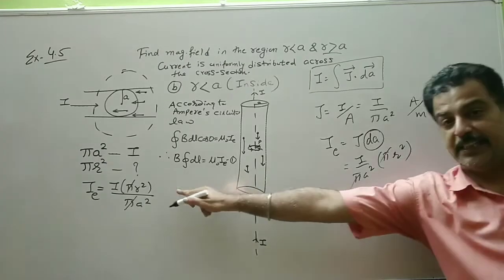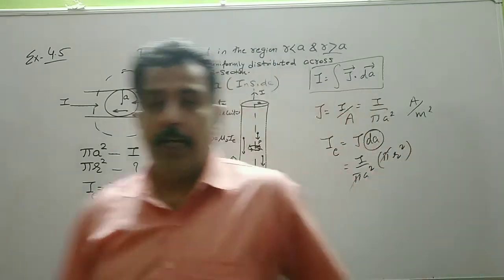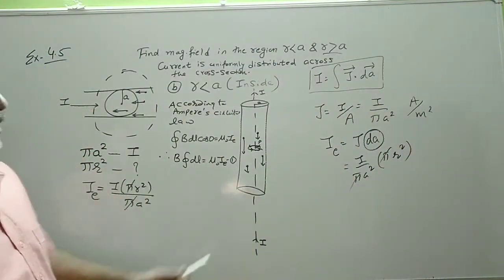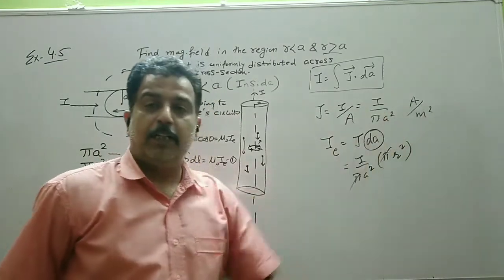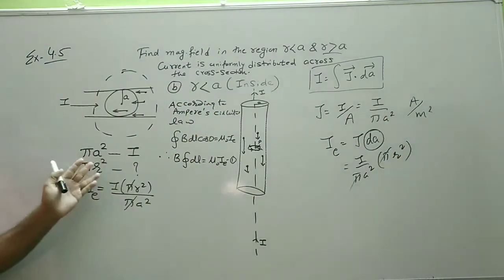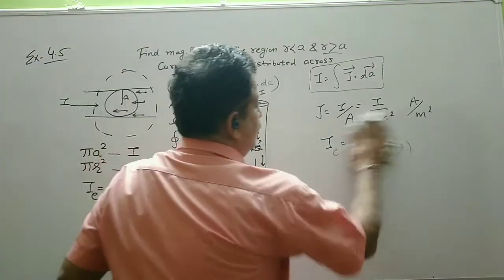Again pi is cancelled. So this is another method where we can take the help of current density. Current density gives a current per meter square. So indirectly we did this only here. Here we have used the symbols.